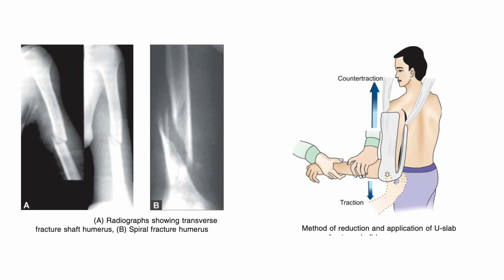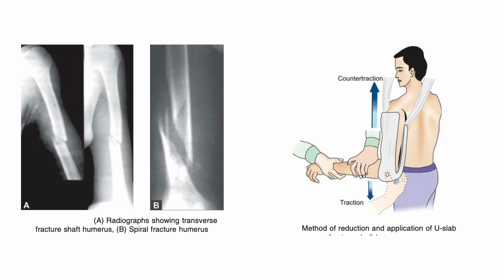Further, let's go back to the treatment. Here the treatment consists of splinting of the fracture if it is undisplaced. In a displaced fracture, splinting is done after closed reduction, under proper alignment and examination.